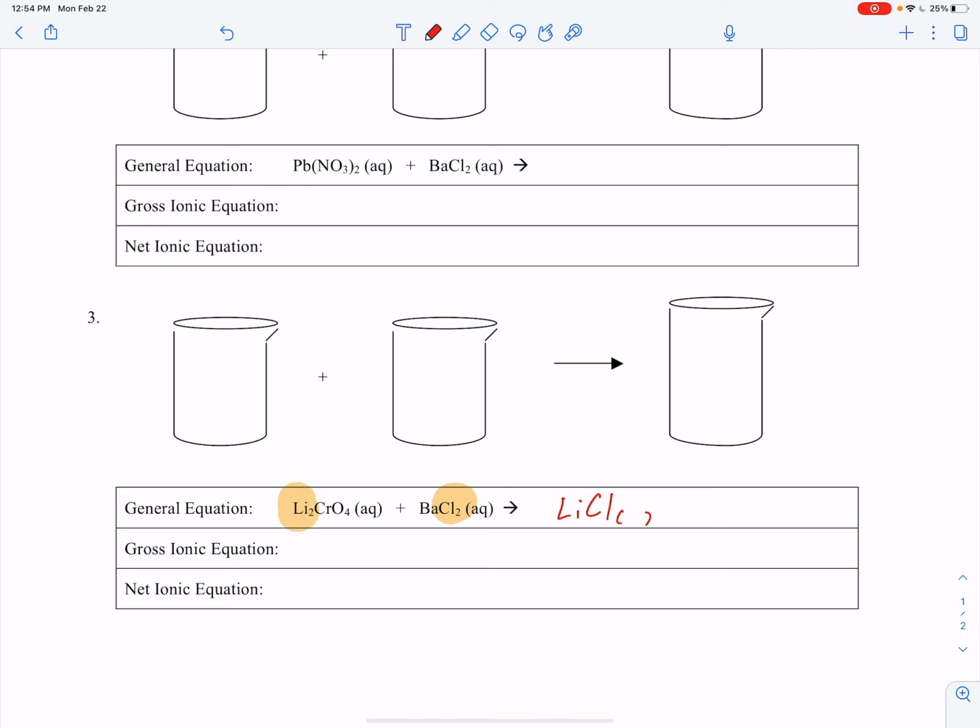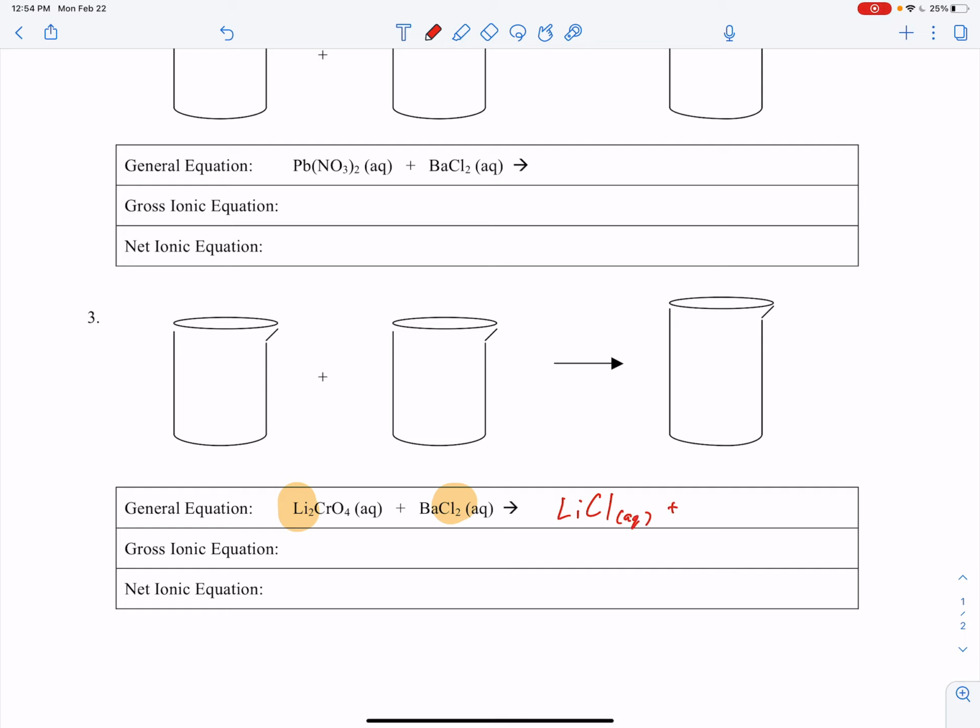Now, I don't yet know until I look at my solubility rules whether this is aqueous or solid. But the first solubility rule says that lithium, like sodium and potassium, is always soluble. So this is going to be aqueous.